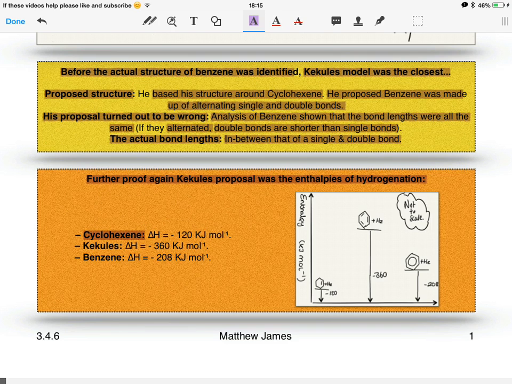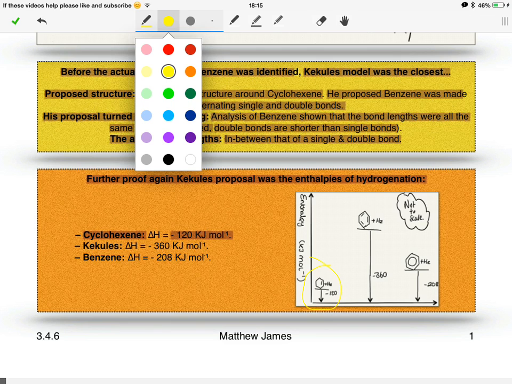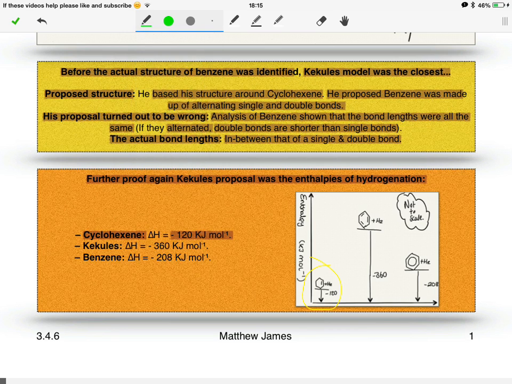Okay, so further proof that Kekulé's proposal was wrong was because of the enthalpies of hydrogenation. Cyclohexene, we know, has an enthalpy of hydrogenation of minus 120 kilojoules per mole, and that you can see here. Kekulé's concept then, we'd think if it's got 3 double bonds because it's alternating, you'd expect it to be 3 times that of cyclohexene. So it'd be up here with a value of minus 360.